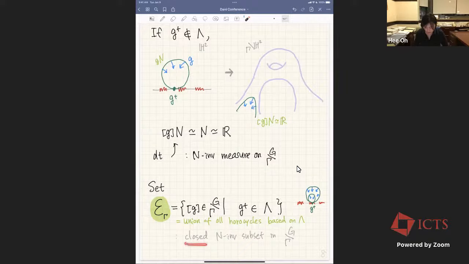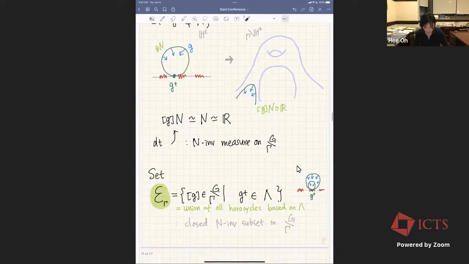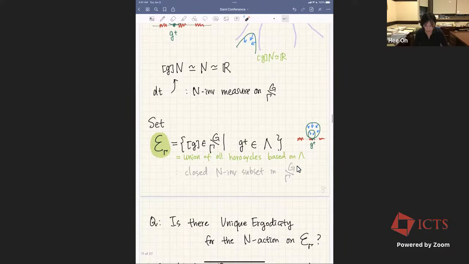This is clearly a closed and invariant subset of G mod gamma, so it is invariant under N. Now it makes sense to ask: is there unique ergodicity for the N action on this E sub gamma? We know that if you consider all of G mod gamma, we cannot expect unique ergodicity. So it is reasonable to ask whether, if you restrict to this non-wandering set for the N action, there is unique ergodicity.